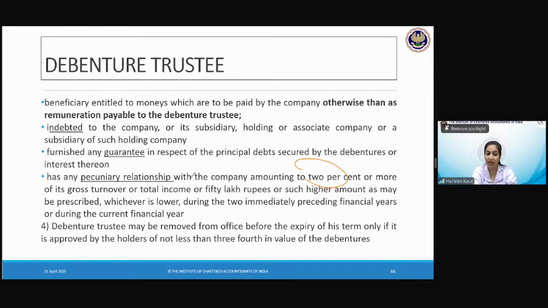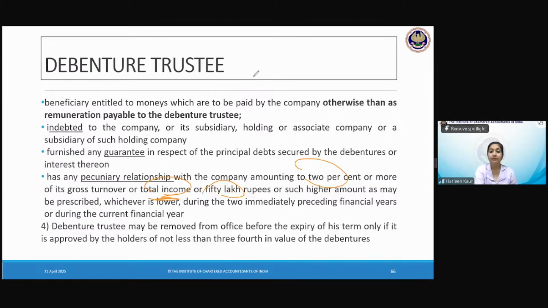So we took 2% of that. Or total income, say for example, 20 lakh or 50 lakh, whichever is lower. So 20 lakh is the total income which was coming lower. So if we are having any relation which is over and above the 20 lakhs, then you cannot be appointed my debenture trustee. So any relation below 20 lakh, that is fine. That is not any hindrance when we are appointing you as the debenture trustee.